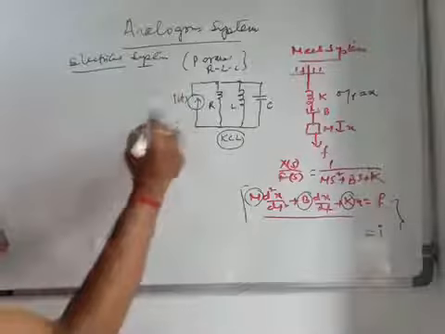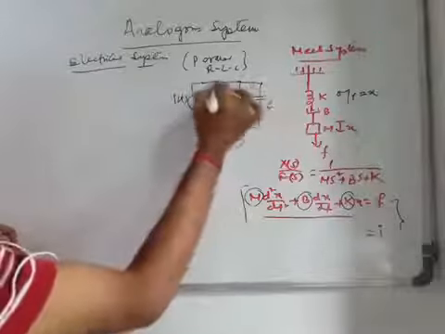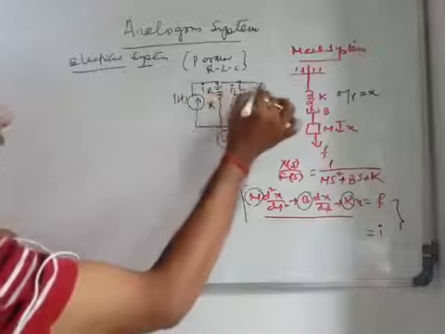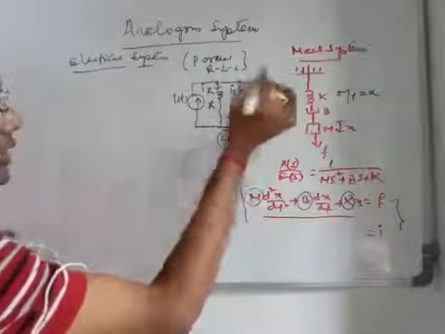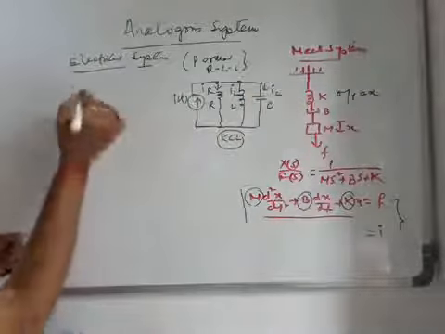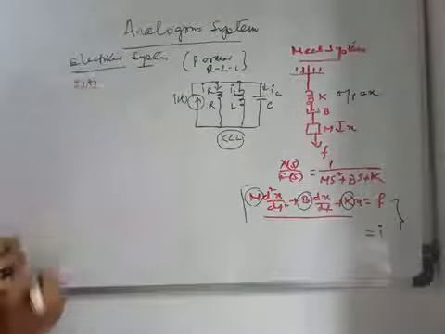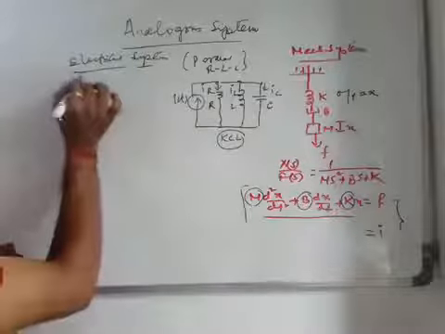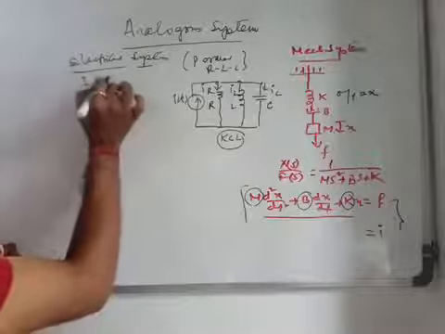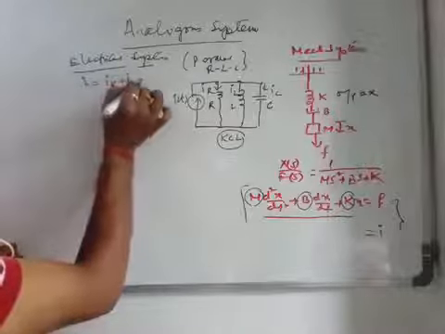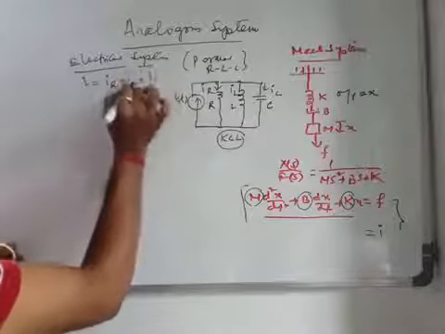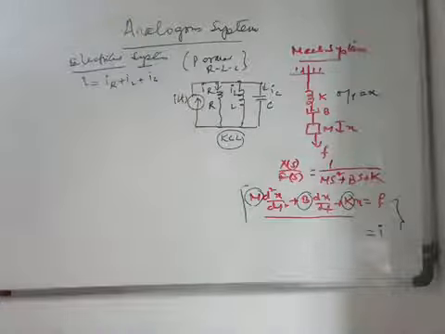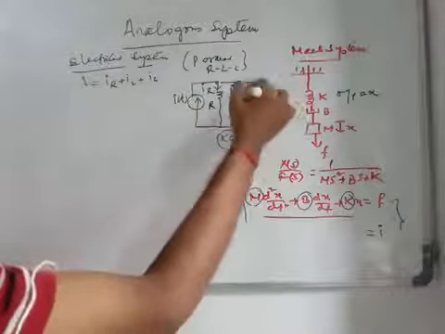So first of all, this is KCL. The amount of current is IR, IL, and IC. So the first equation we can write is IT equal to IR plus IL plus IC. You see these three are parallel paths.